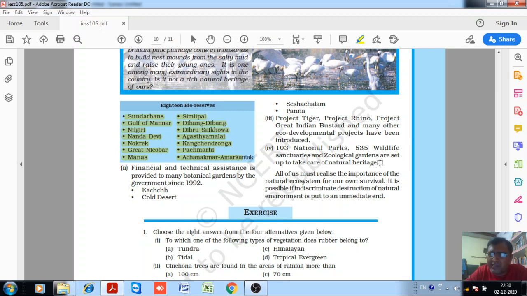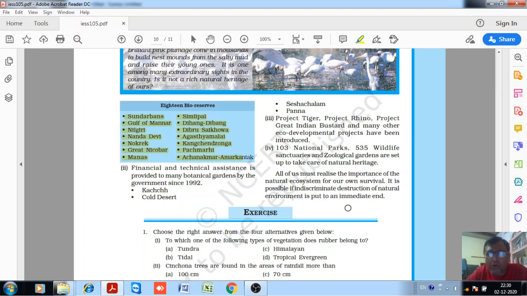natural heritage. I hope you have visited some of the national parks or wildlife sanctuaries or bird sanctuaries nearby. Bharatpur is the bird sanctuary there. You can visit there. In Delhi, many bird sanctuaries and wildlife sanctuaries are there. So all of us must realize the importance of the natural ecosystems.